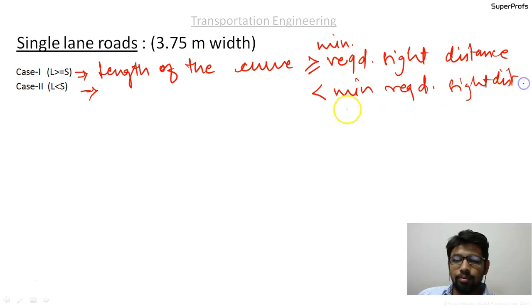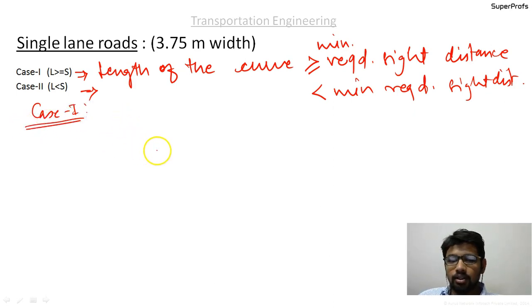We will be discussing these two cases in great detail. For now, consider case 1, where the length of the curve is greater than the required sight distance. The diagram will be of this kind.